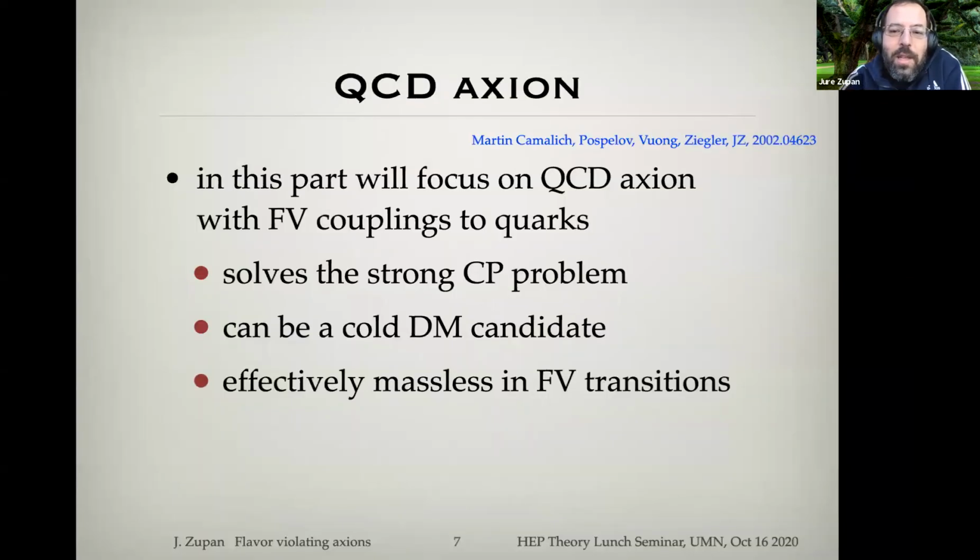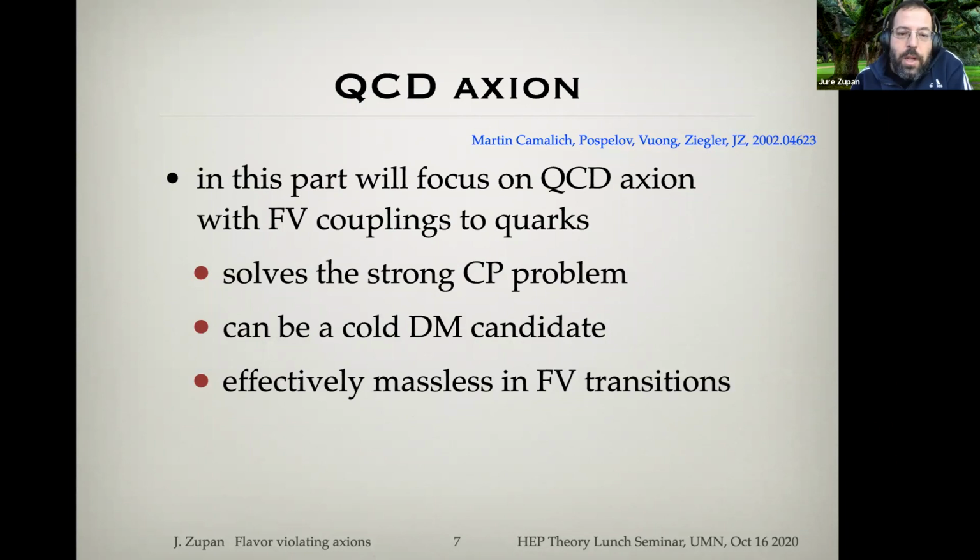So this is from the paper with Maxime. What we focused on is the following. We'll look at the QCD axion. It will have a very small mass, essentially massless for the experimental purposes. And it has these flavor violating couplings to quarks.